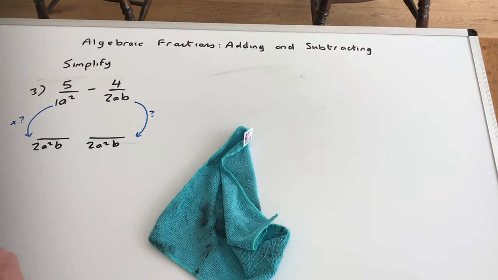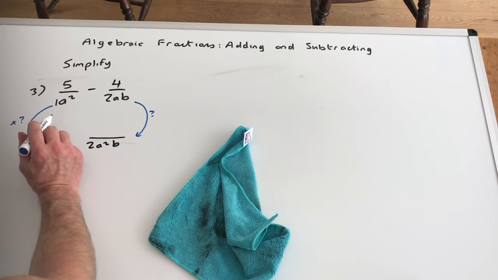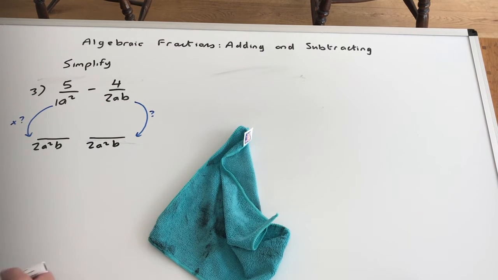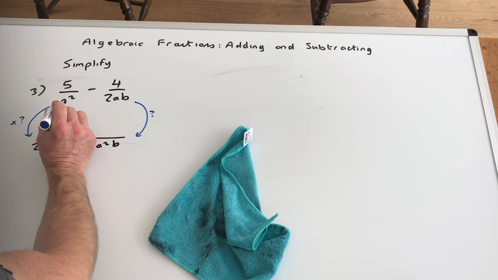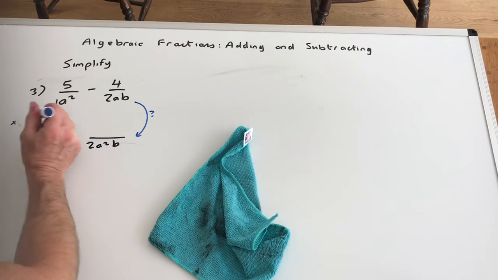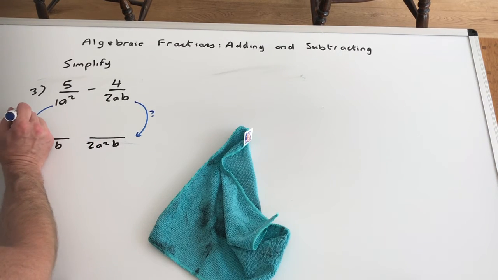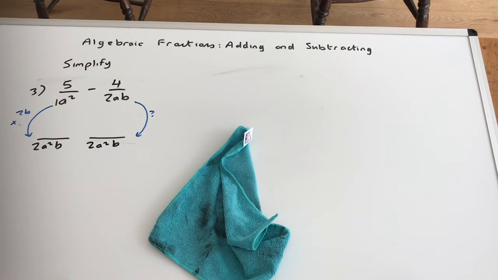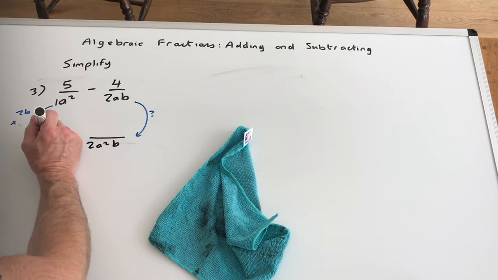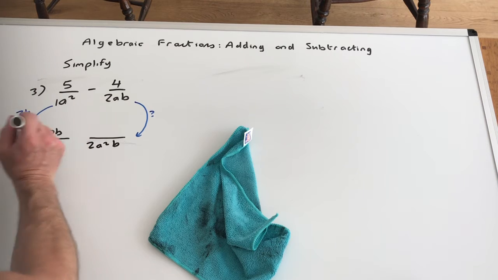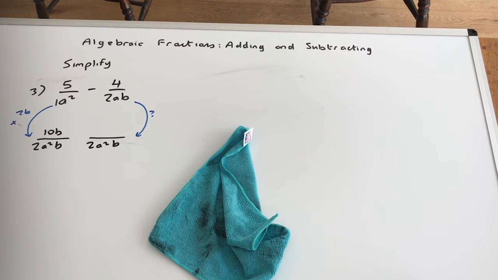So that means that we're going to multiply this fraction by this question mark. We'd be multiplying it by 2b. So we multiply the top by 2b and the bottom by 2b, and we would get 10b on the top.